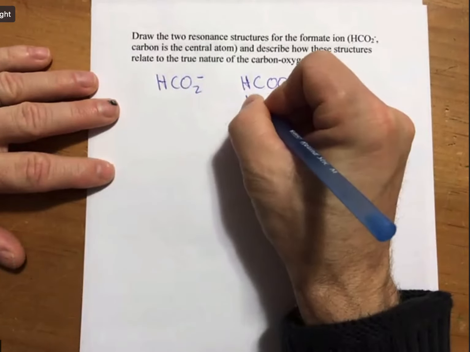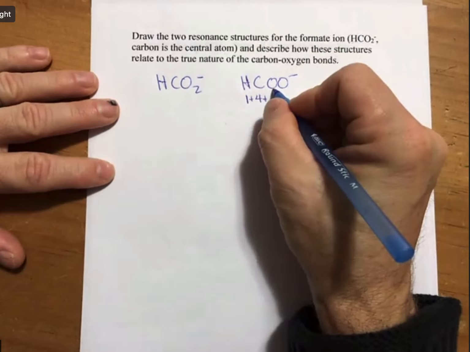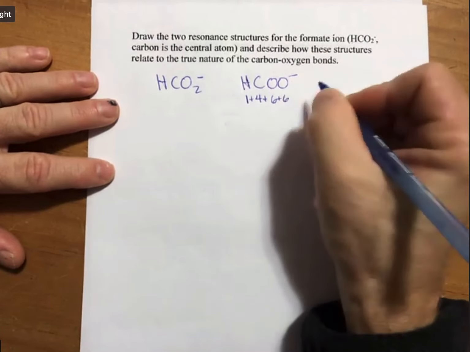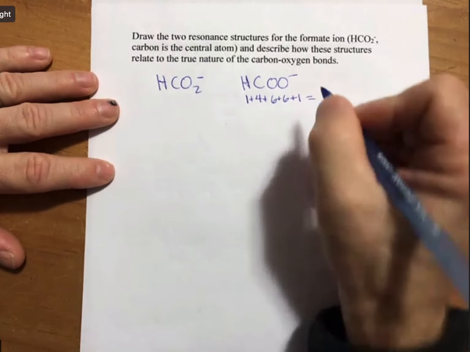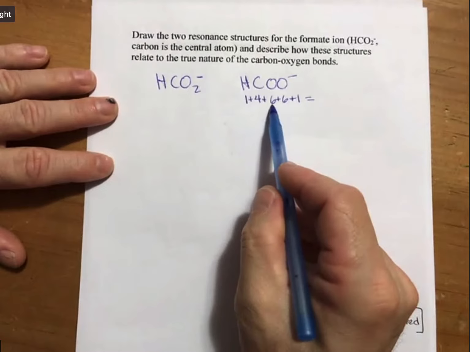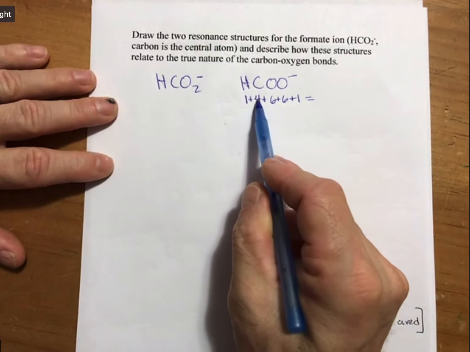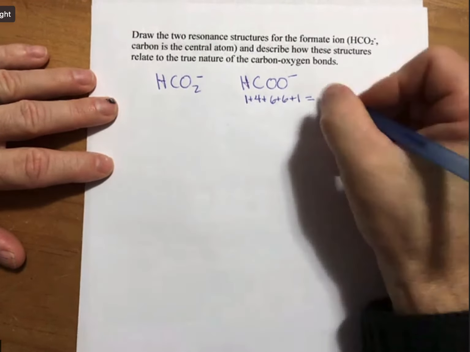We have 1 plus 4 plus each oxygen has a 6, and then we add 1 more for the charge. We end up with 12, 16, 17, 18.